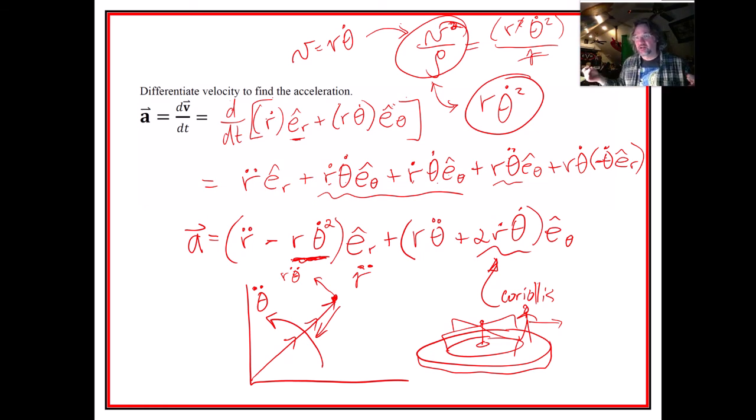And you don't need to accelerate. All you need to do is walk outwards or walk inwards, and you're going to feel this kind of push over to the side. Sometimes they refer to it as this magic hand, and that's Coriolis acceleration. It's an interesting phenomenon, but it also shows up right here inside our polar coordinates acceleration.